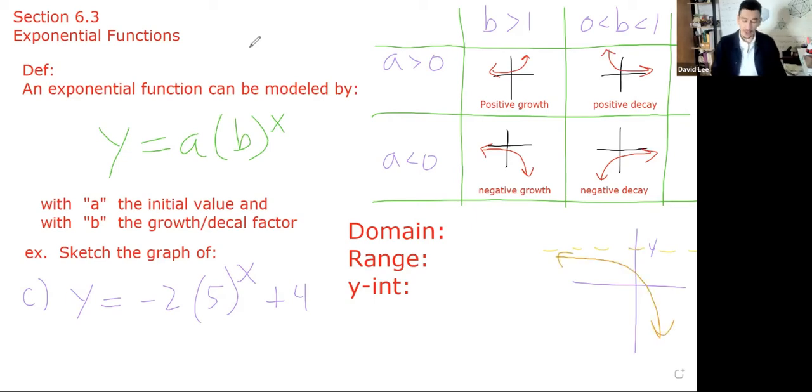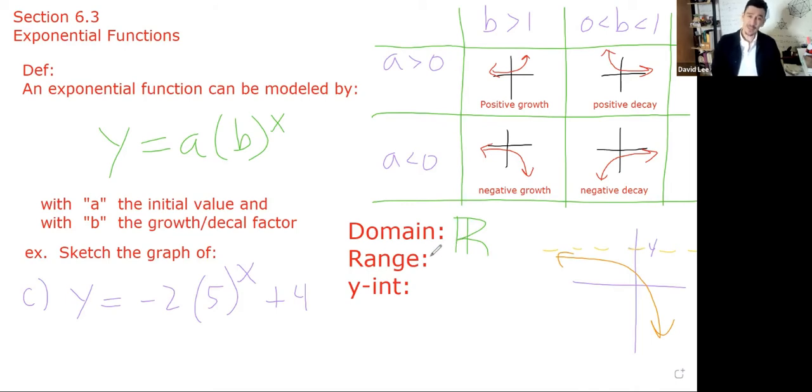Looking at our graph, this graph goes to the left and to the right forever, which is why the domain is going to be all real numbers. We've seen that in the past. As a matter of fact, the domain for all exponential functions is all real numbers without exception. So for all exponentials, the domain is all real numbers, period.